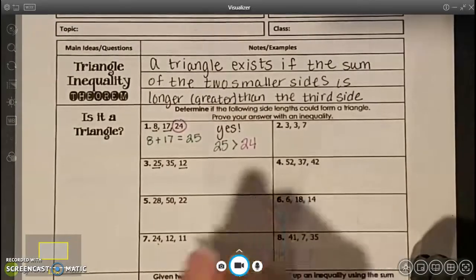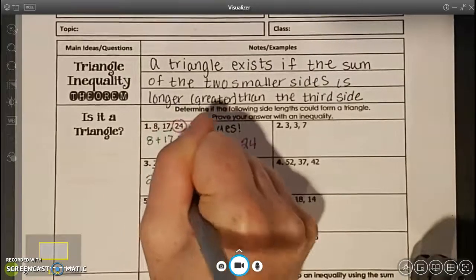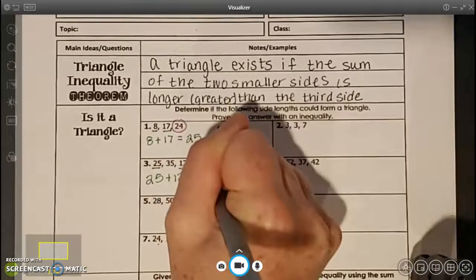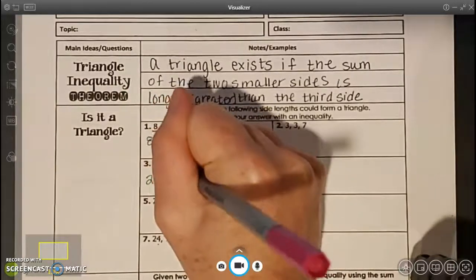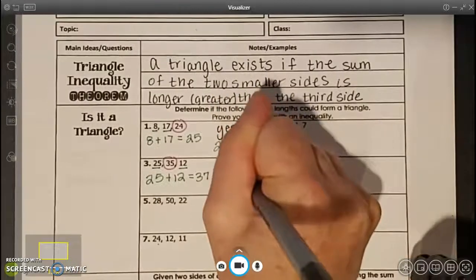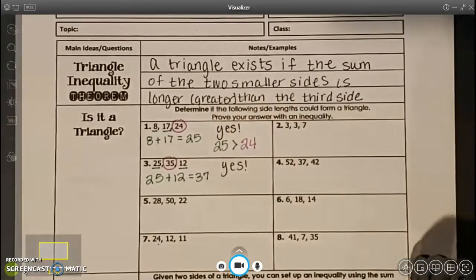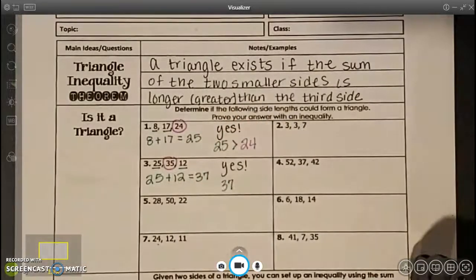So 25 plus 12 is 37. And is 37 greater than 35, which is the third side or the longest side? And that answer is yes. Because, and it says prove with an inequality, so we write the inequality that 37 is greater than 35.